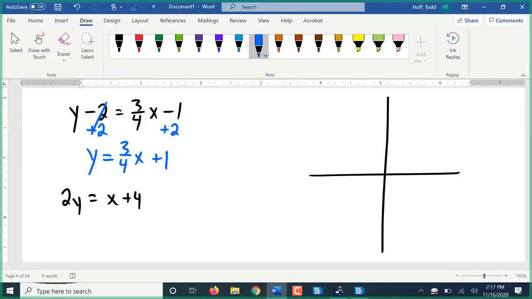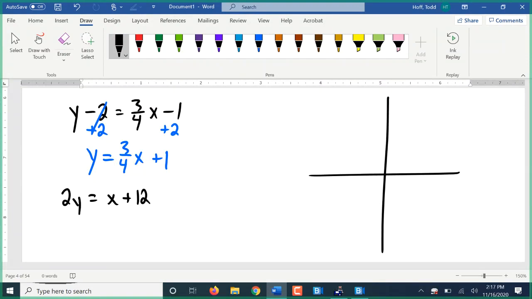I may have screwed up my second equation here. Let me make an adjustment there so that that one works out a little better. Let's do that.